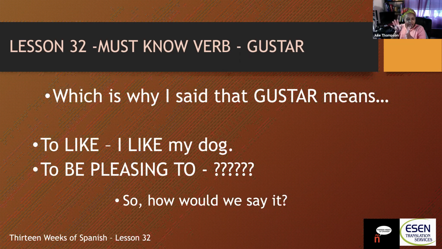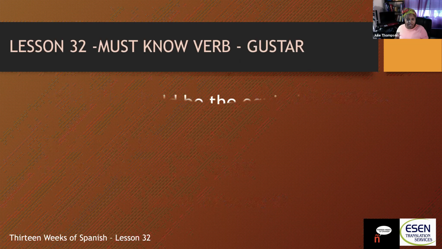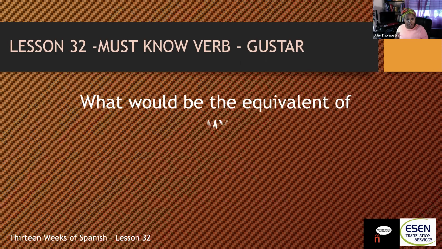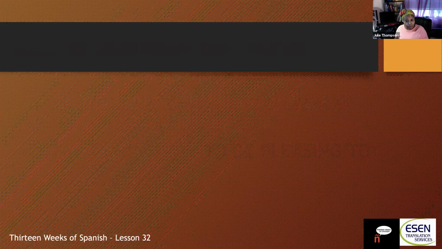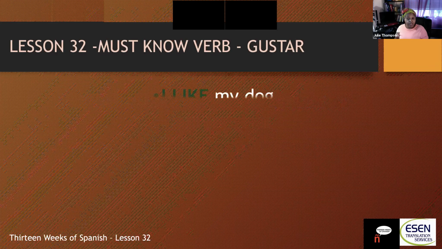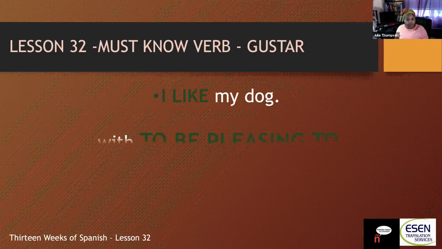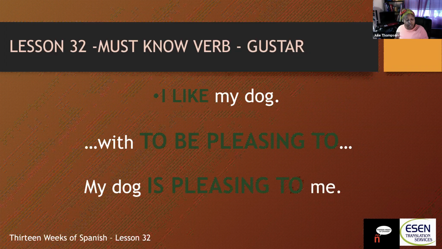Because as we established, pleasing is not the same as liking. To be pleasing is liking, but it's opposite. What would be the equivalent of I like my dog with the verb to be pleasing to? My dog is pleasing to me.